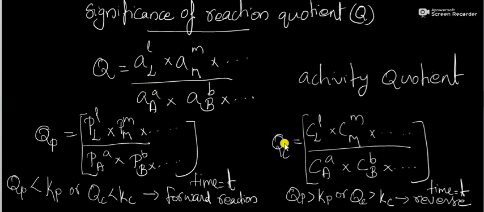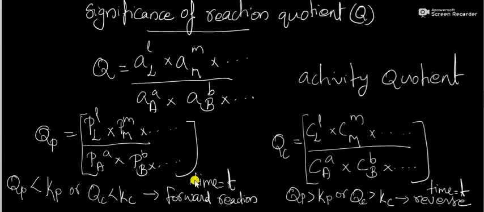And what is Qc? Here the activities of the constituents are replaced by their molar concentrations. Then what will be the equations for Qp and Qc? Qp is equal to PL to the power l into PM to the power m into etc., whole divided by PA to the power a into PB to the power b into etc.